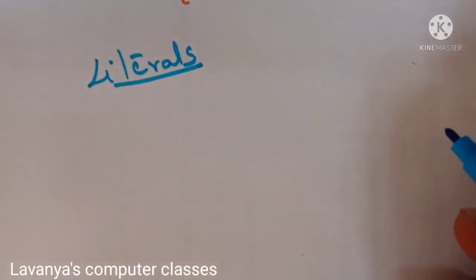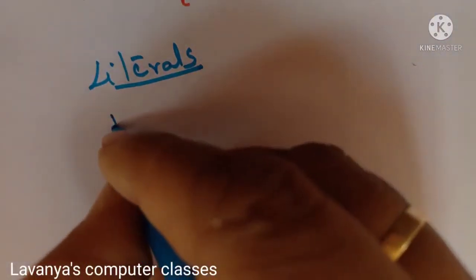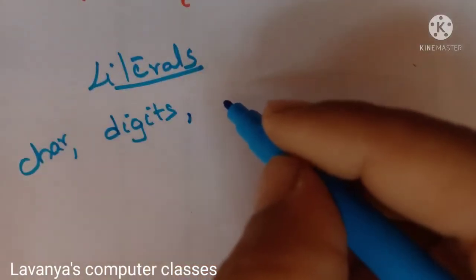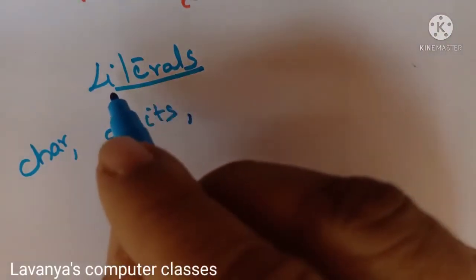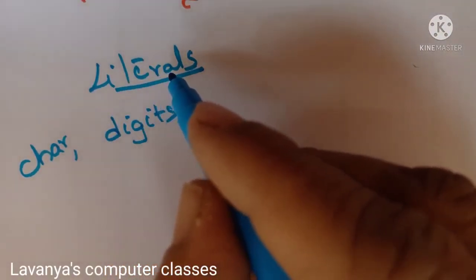Next one is literals. So what are literals? Literals in Java are a sequence of characters, digits, letters, and any other symbols also. A combination of all these things is called literals.